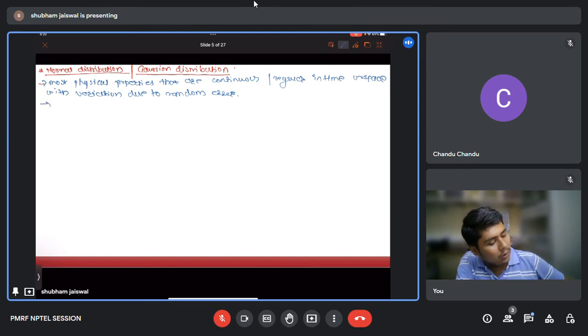So in this case, mean is equal to mode is equal to median.